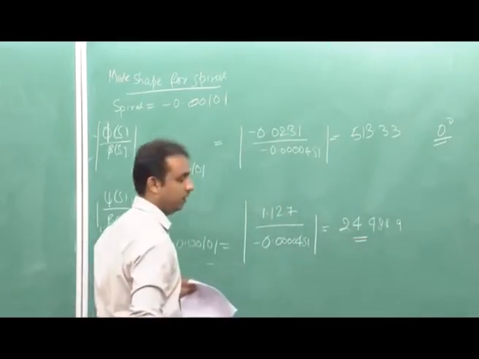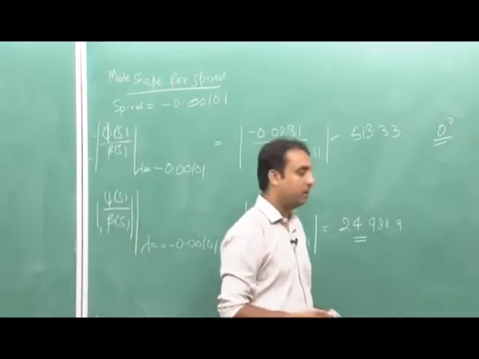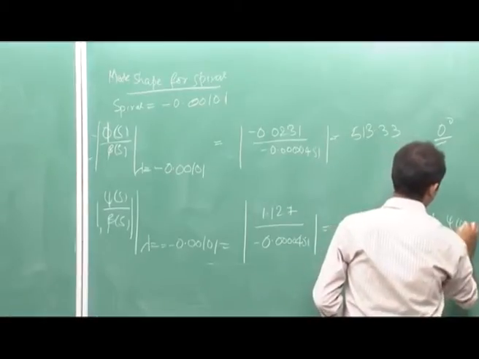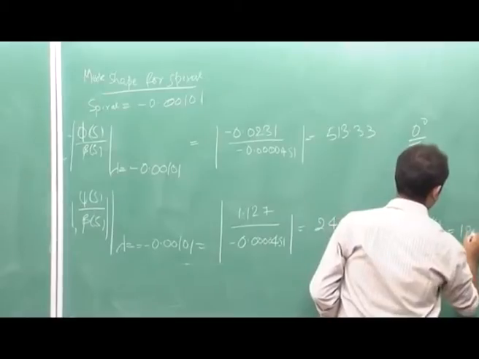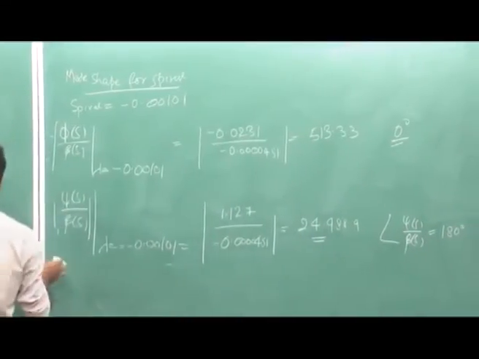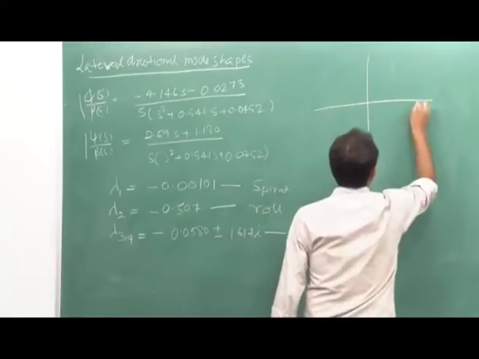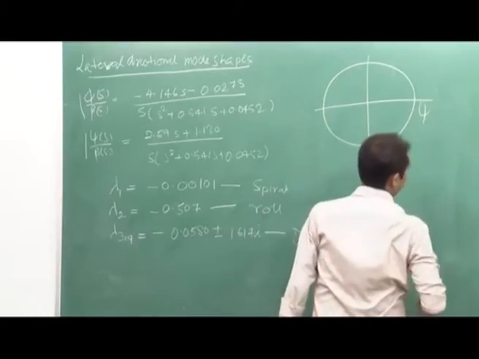But the phases here are apart by 180 degree, or they are out of phase by 180 degree. Phase of psi(s) upon beta(s) equals 180 degree. So, while drawing the mode shape for spiral mode, this will be a unit circle with psi(s) parameter.